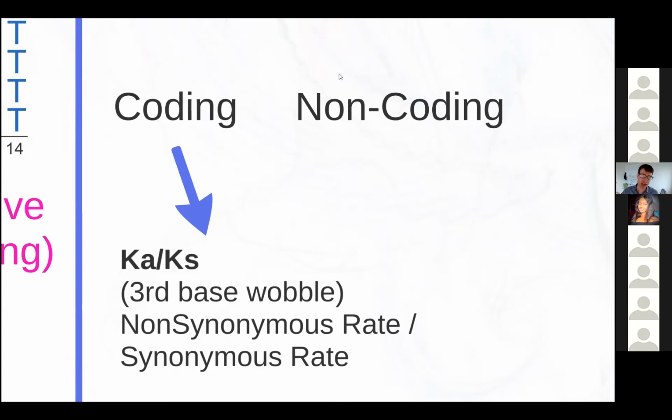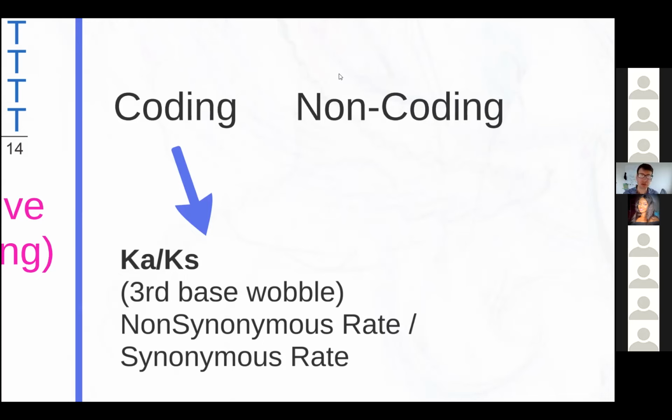If a change actually impacts the amino acids, that's something that's likely under selection, and if you've purified to just a particular allele, then you expect the non-synonymous rate to be lower than the synonymous rate. Whereas if the region is under positive selection, if you're constantly changing that region, then the non-synonymous rate is going to be even higher than the synonymous rate. And neutral, of course, is when the two are balanced, somewhere in the middle.